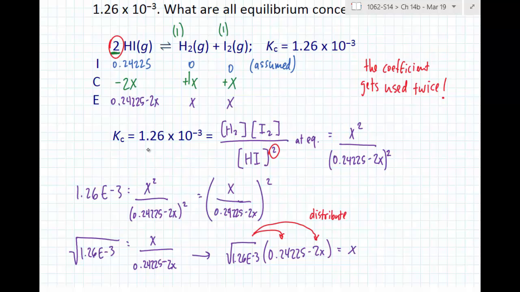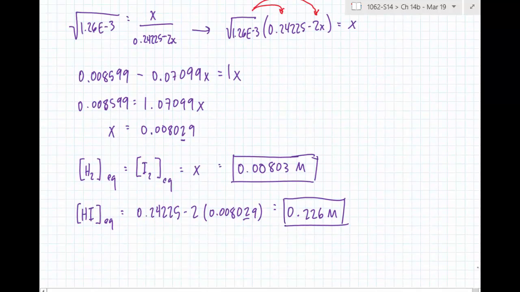Which means that the concentration should not be changing very much from initial. We'll be reducing the initial concentration by a little bit, and we'll be producing a little bit of product, but it'll still be mostly reactant. So again, that makes sense.